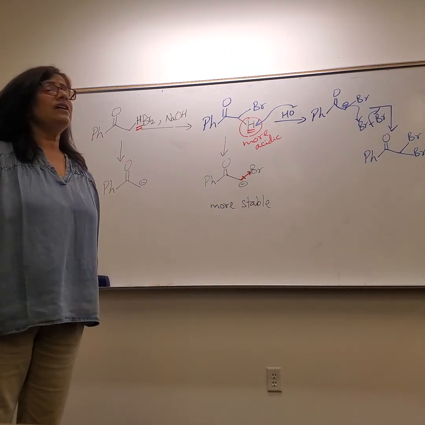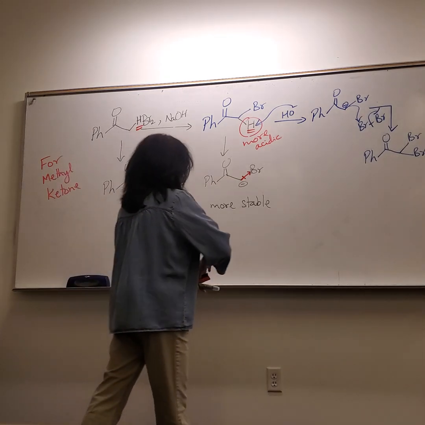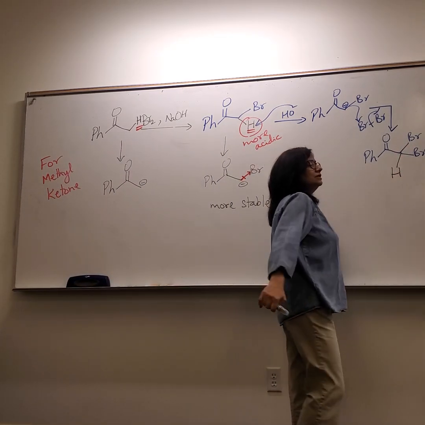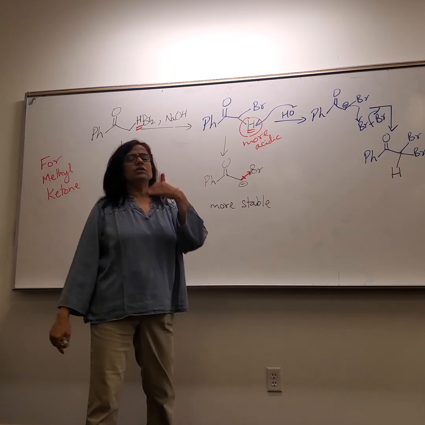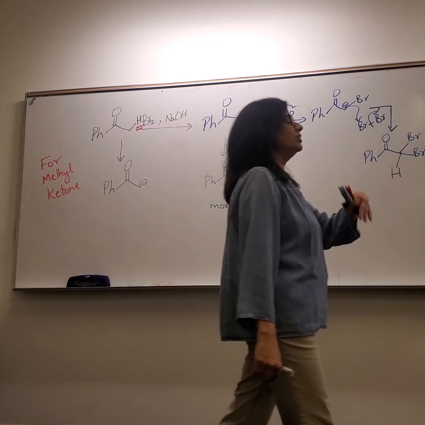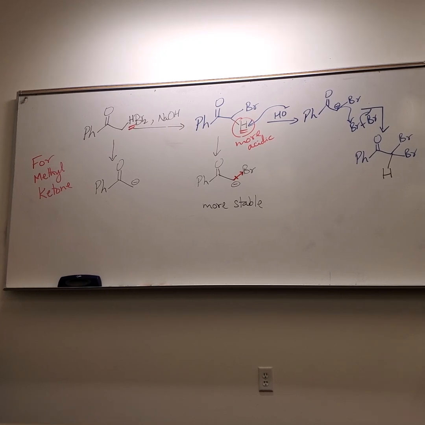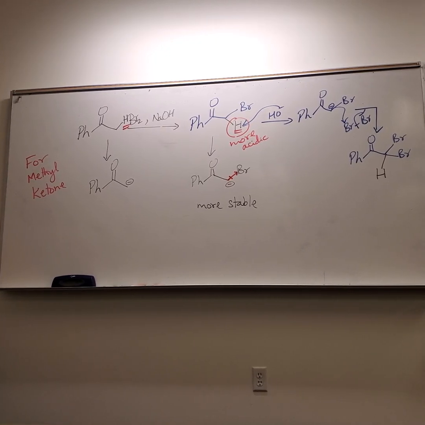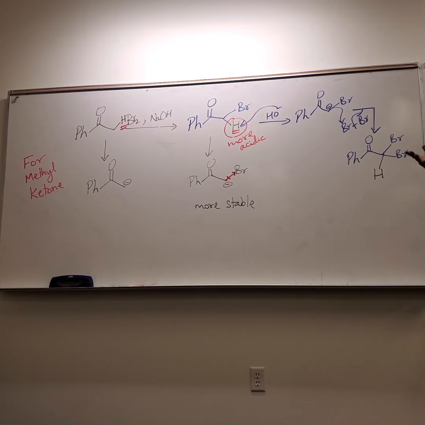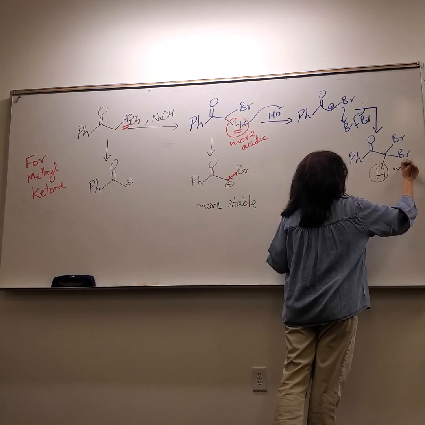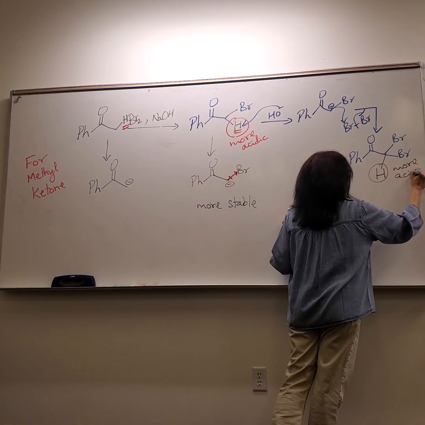Does that have an alpha hydrogen still? Yeah. What can you say about the acidity of this alpha hydrogen? Even more stable. Every time you put a bromine or halogen on that alpha carbon, the acidity of remaining alpha hydrogens increases and increases and increases. So can this survive? No. This is even more acidic for the same reason as before.